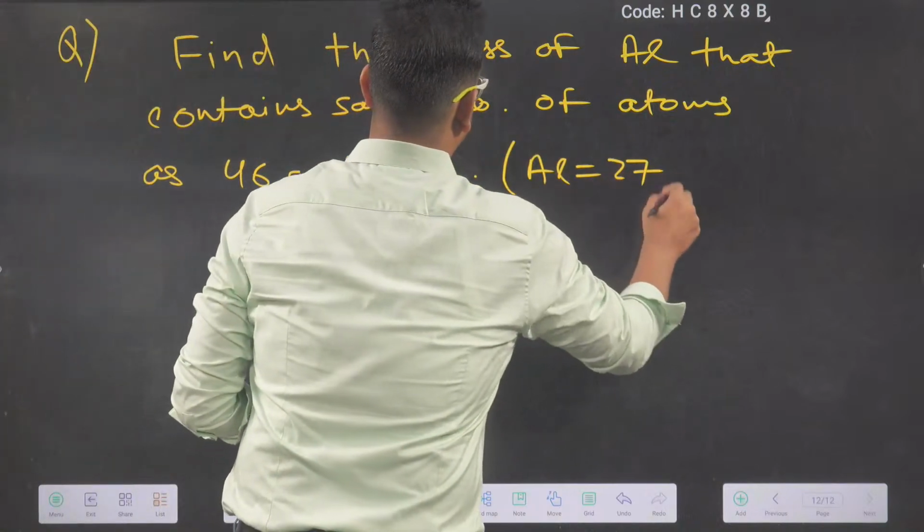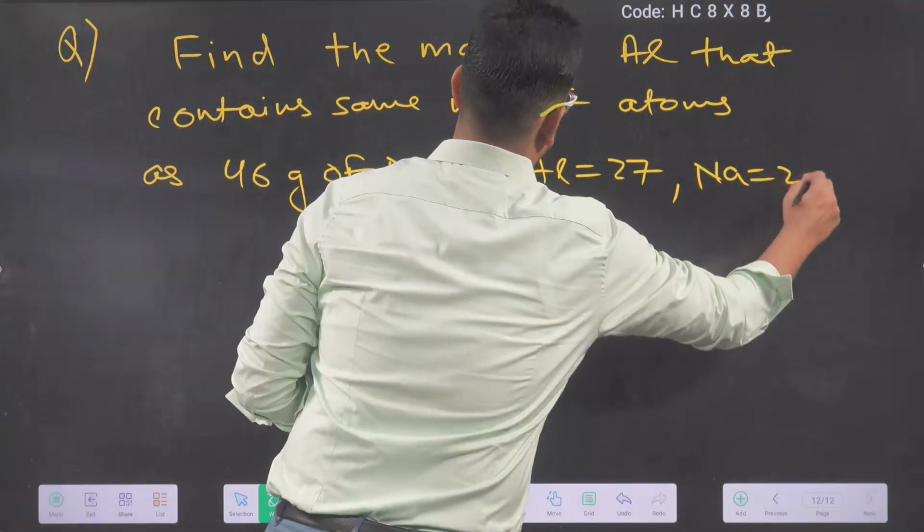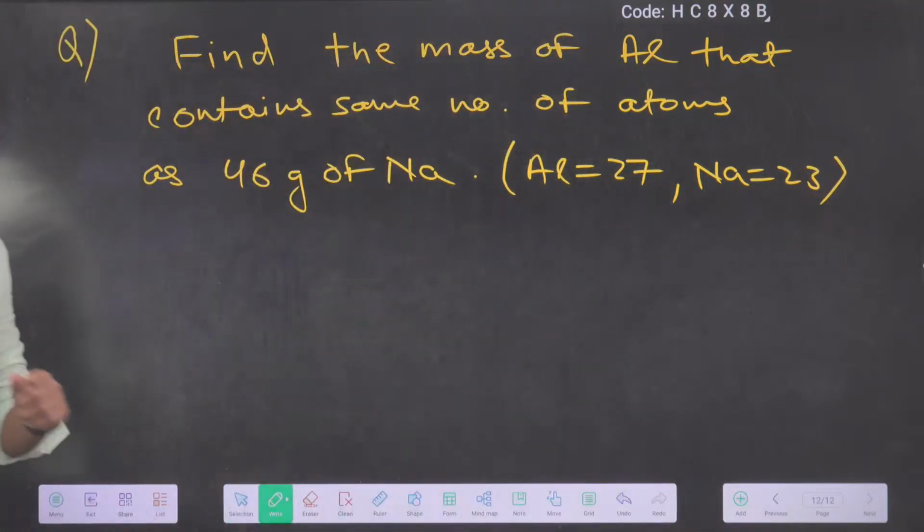Al equal to 27, sodium equal to 23. Find the mass of aluminium that contains same number of atoms as 46 gram of sodium.